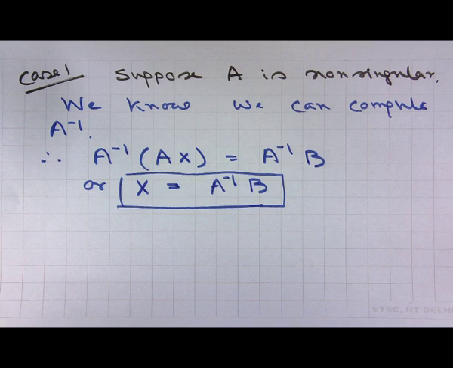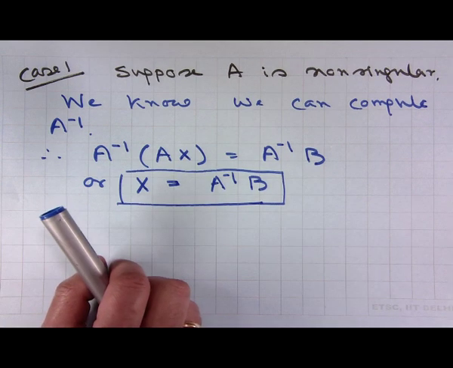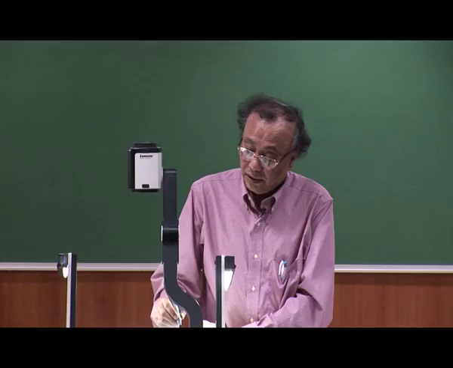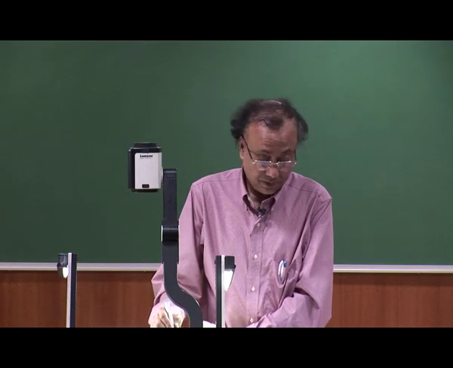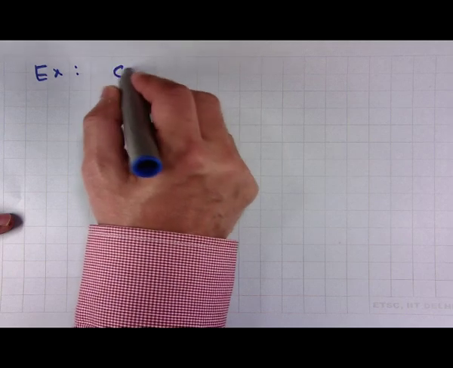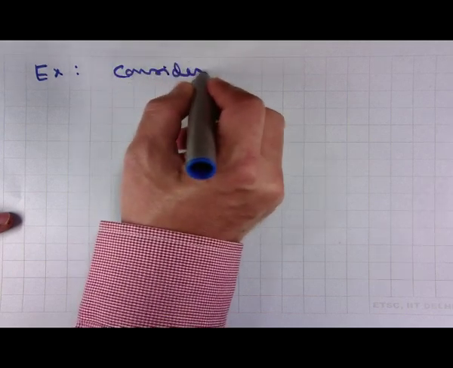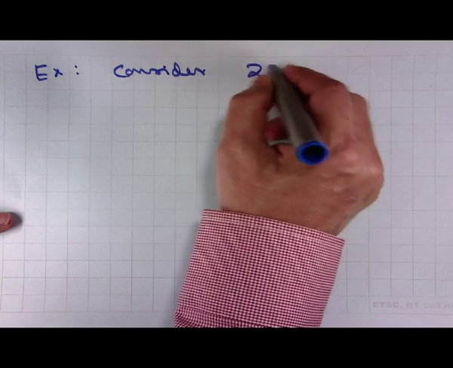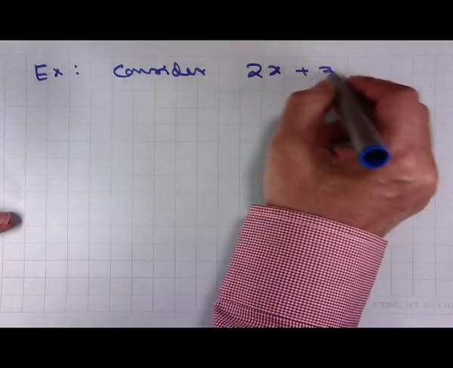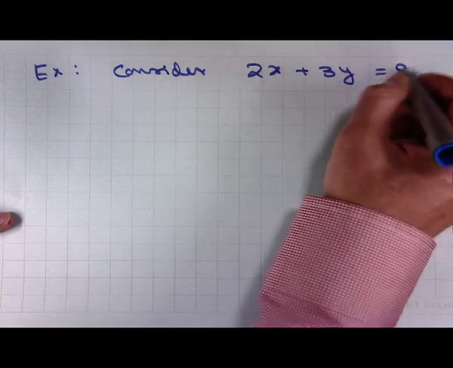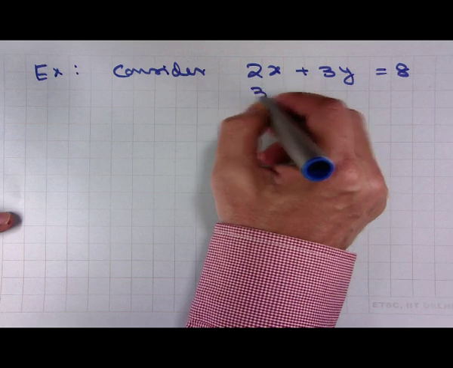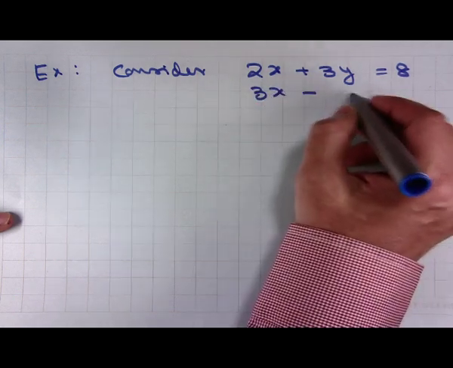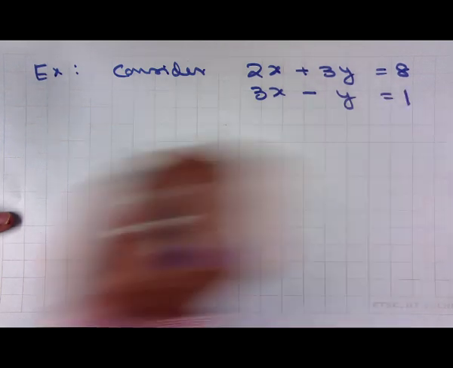Thus, if A is non-singular, we get a unique solution for the system of linear equations. Example: consider 2x + 3y = 8, 3x − y = 1.